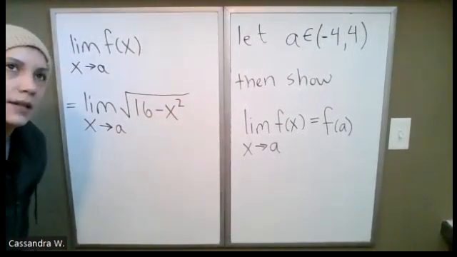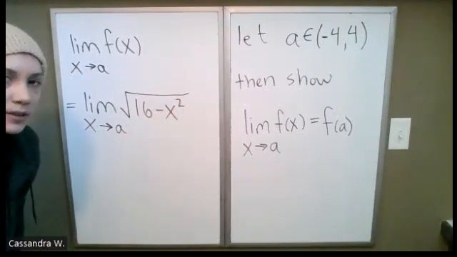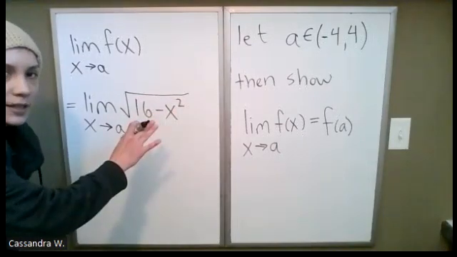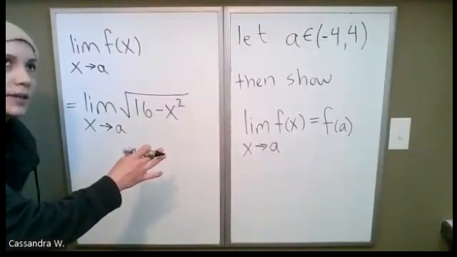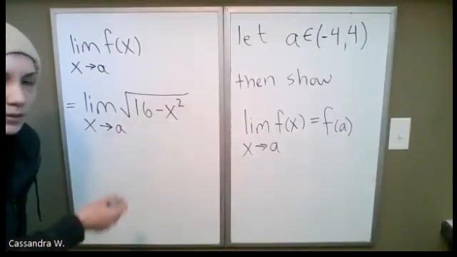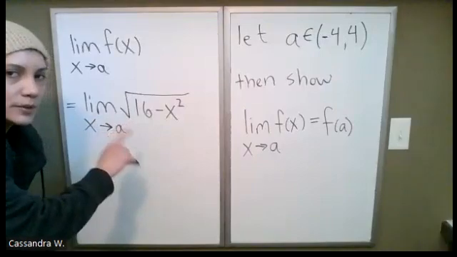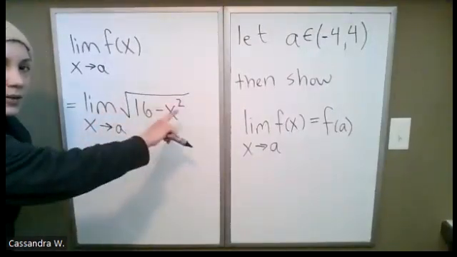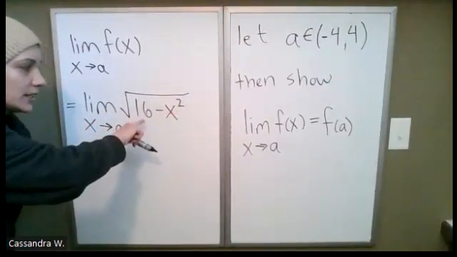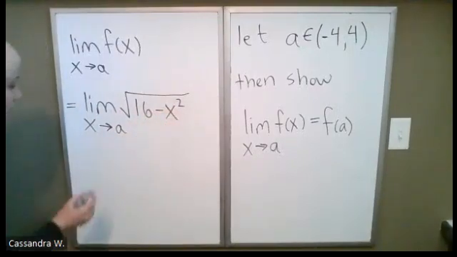Okay. This would be the power rule. We're going to bring the limit underneath that root, or I guess it's a root rule. I was thinking of it like a 1/2 power. Either way, underneath the square root, we'll take the limit of that part of the function, 16 minus x squared.